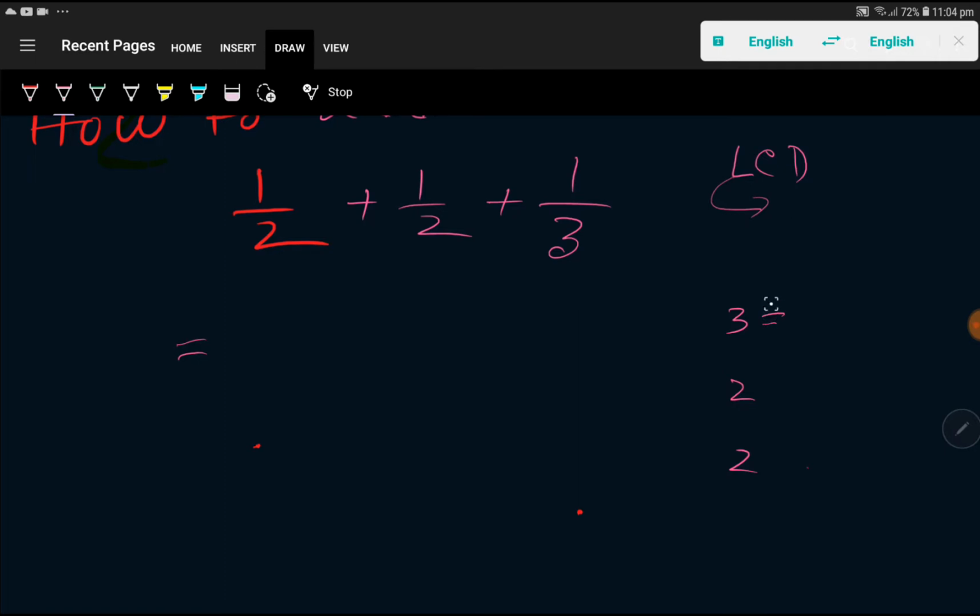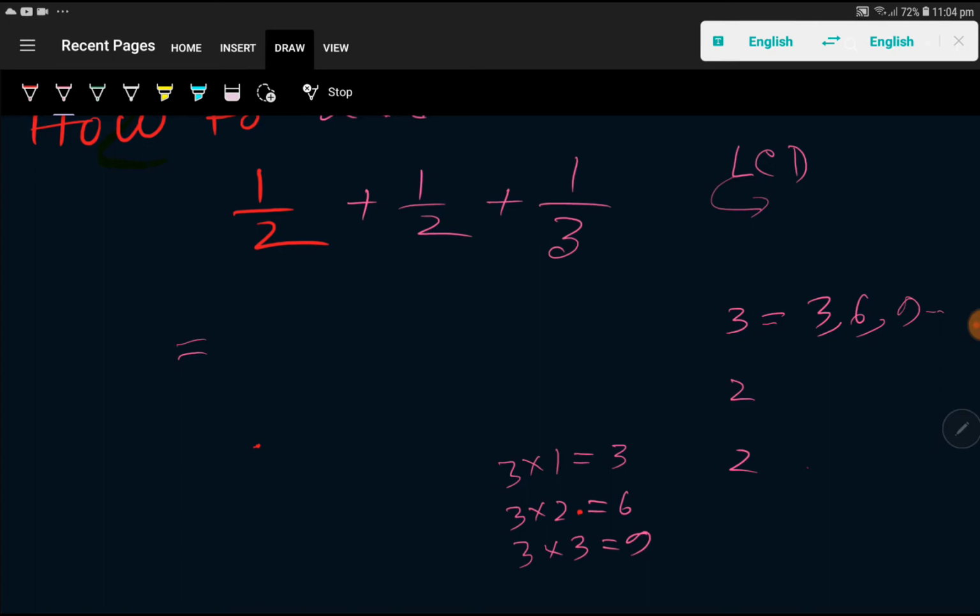So look, the multiples of 3 are 3, then 3 times 2, that is 6, 3 times 3, that is 9. So 3, 6, 9, and the multiples will continue, 3, 6, 9, 12, right?